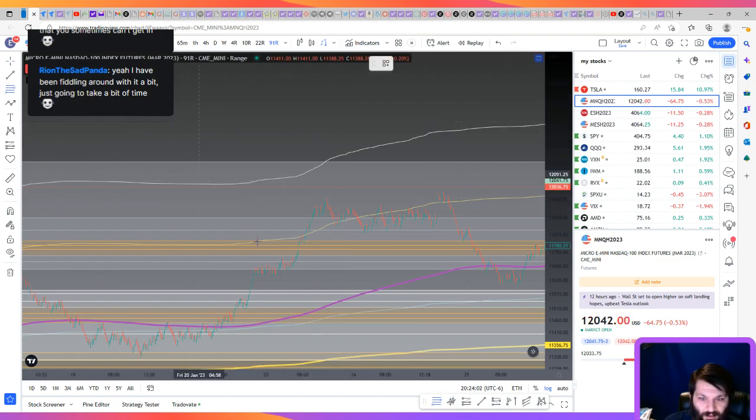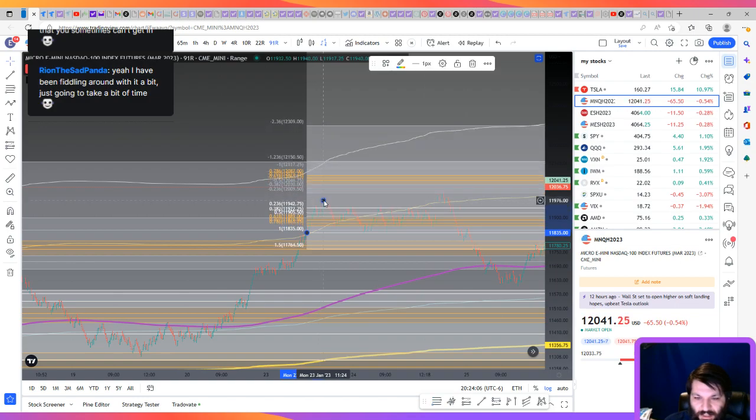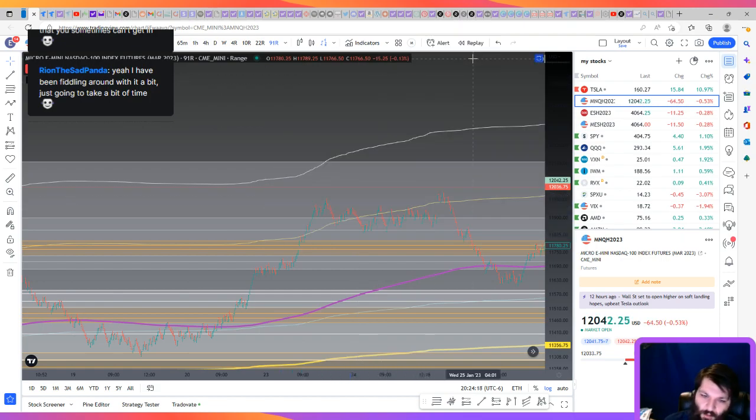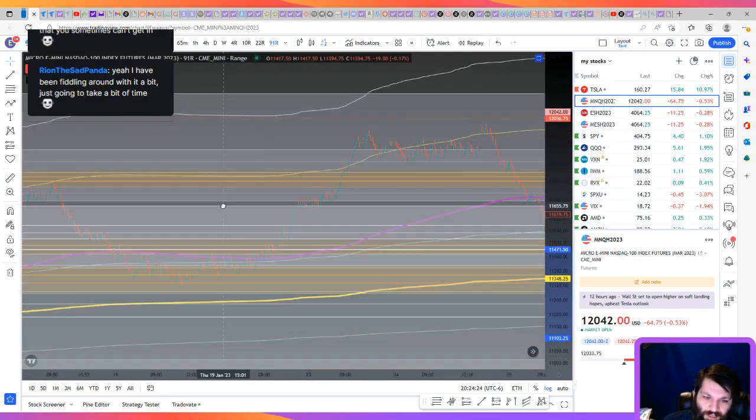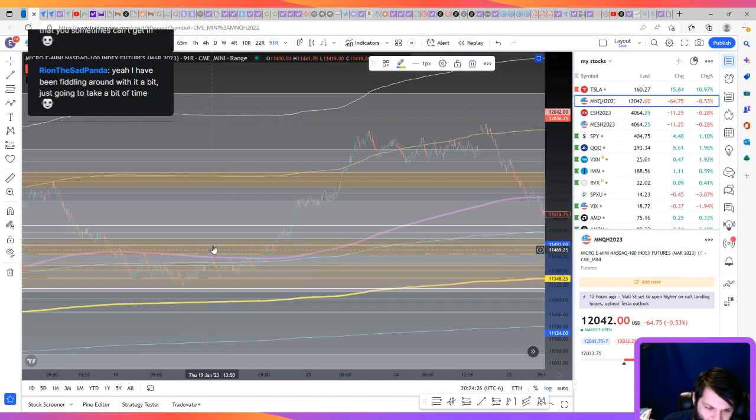Actually, I don't know if I would say that's a fail, because it'd be here to here. It would have hit your first target to a T, and then you would have been done. So you would have gotten stopped out of your second order if you had multiple, if you don't take them all at the first target. But that goes to show you, here's another one. Here's an M that plays out really well.